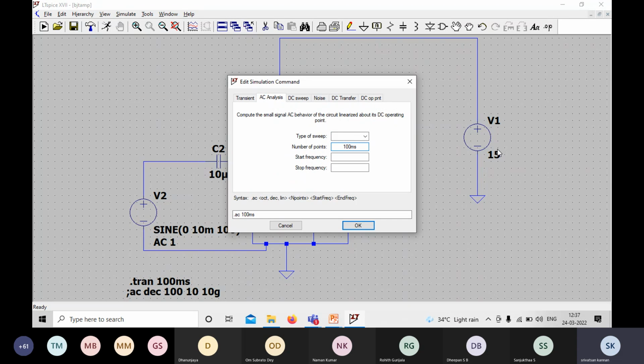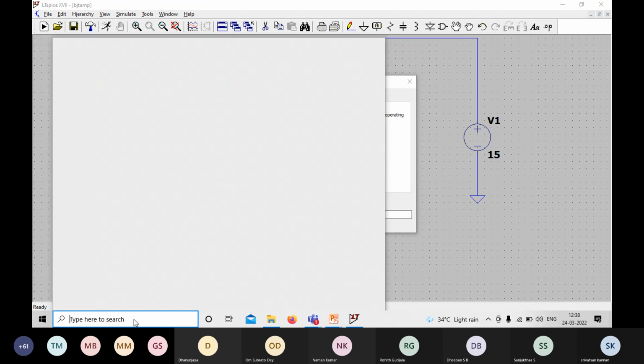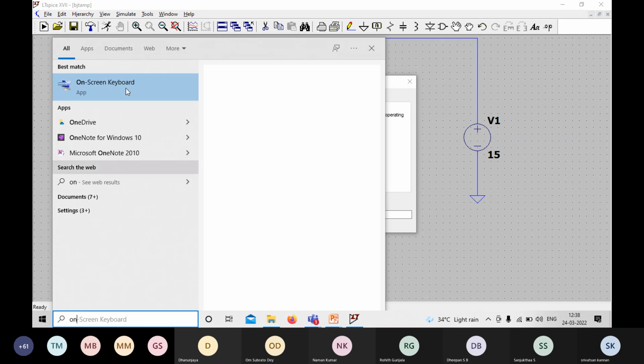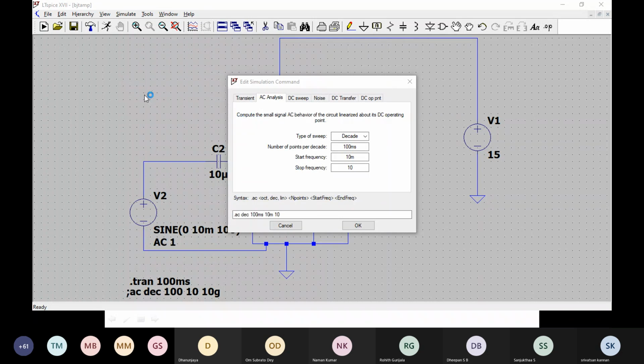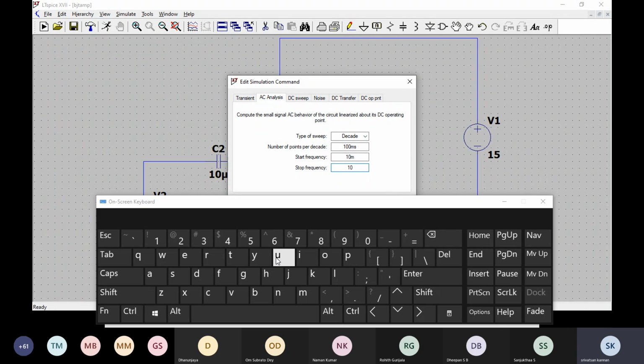For AC analysis, the type of sweep is decade, the start frequency is 10 hertz and the stop frequency is 10 gigahertz.